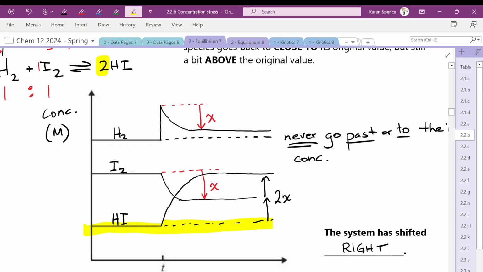Yeah. Should I draw this 2x here at the same time? Oh, I'm just showing the distance. It doesn't matter where I show the distance. Oh. Yeah, it ends up here, but whoops. So it doesn't really matter where you draw it. No, okay.